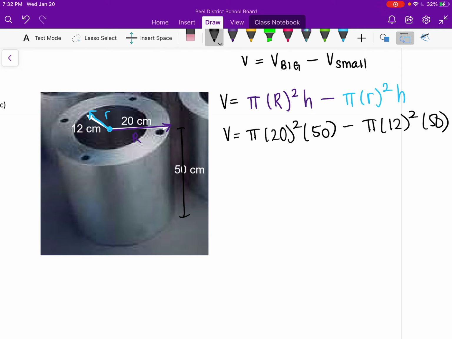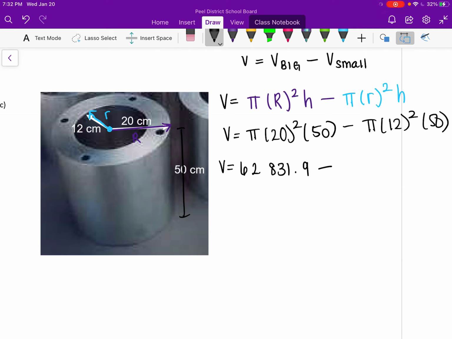So if I did 20 squared times 50, 20 squared is 400 times 50 is going to be 20,000 times pi, which is going to give me 62,831.853, so I'm going to round it up to 9. I'm rounding to the nearest decimal because we already have so many numbers to work with. We don't care about all those decimal places.